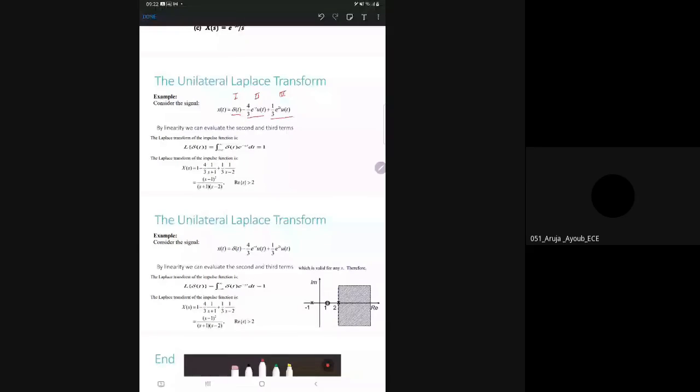First you look at delta of t separately; its Laplace transform is 1. Then you take the Laplace transform of the second term. The Laplace transform of a times e raised to power at is equal to a times 1 divided by s minus a. So this is the general form.